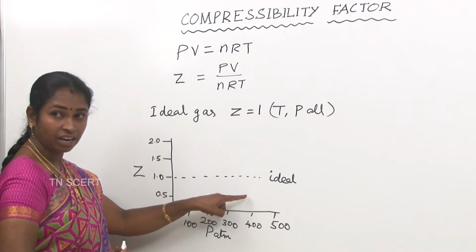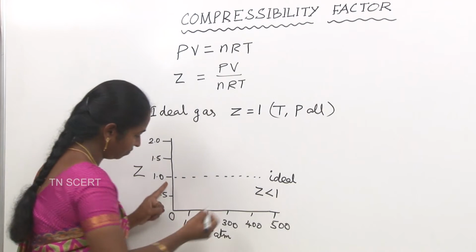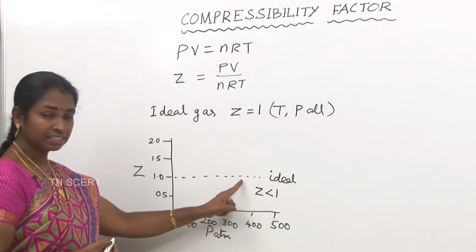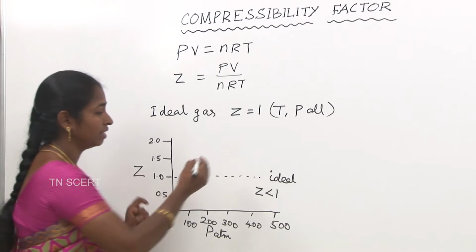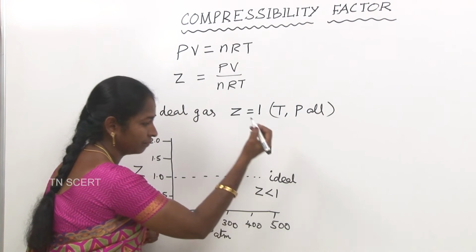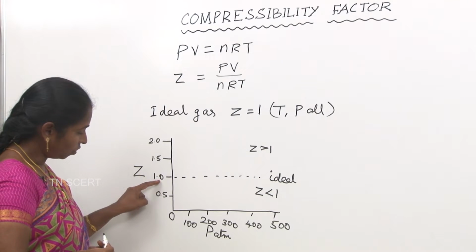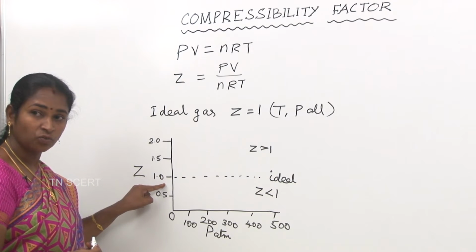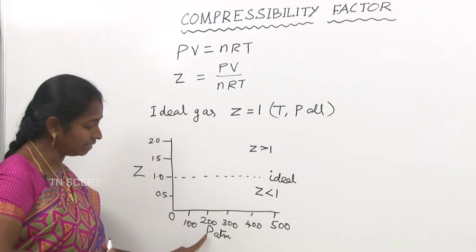Under this area, Z is less than 1. And above this ideal gas line, Z is greater than 1. So, you get a straight line like this, which is parallel to the pressure axis.